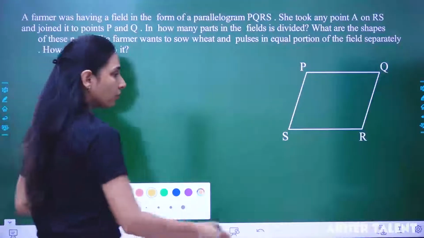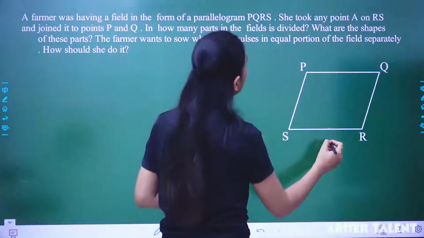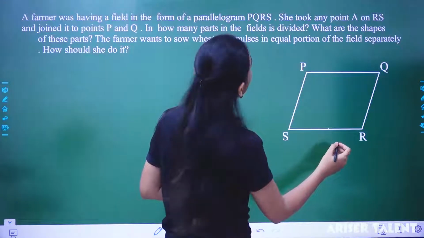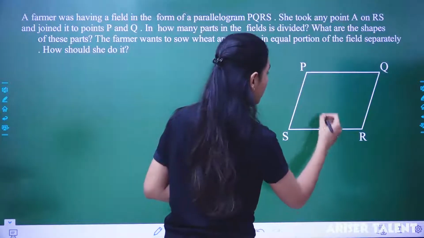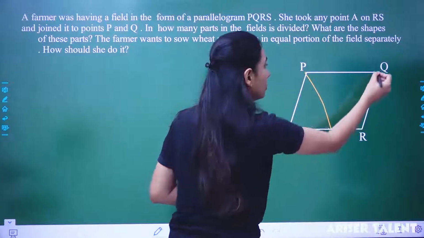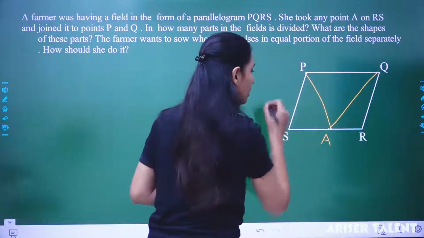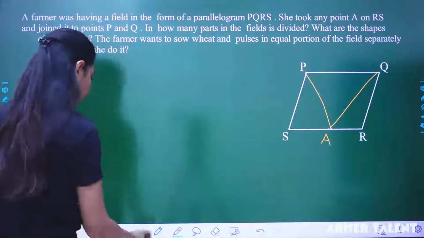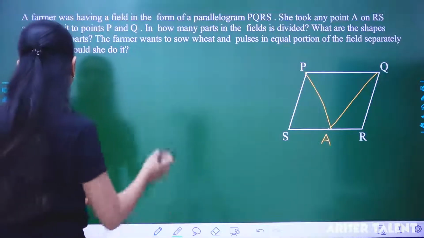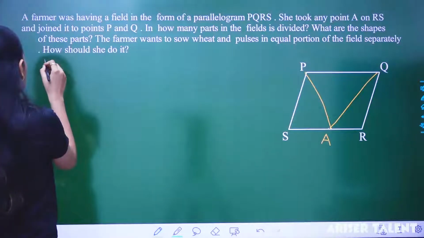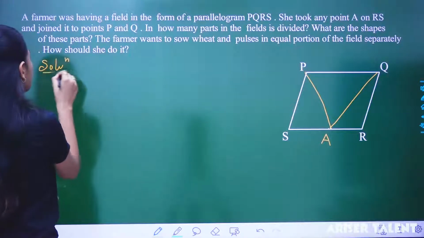Okay, we are just writing it in a clearer way. We have a point A, and that was our triangle which has been formed. Now, solution.